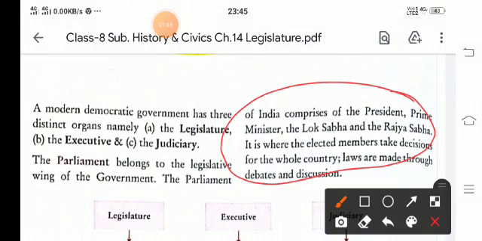It comprises the President, Prime Minister, the Lok Sabha and the Rajya Sabha. It is where the elected members take decisions for the whole of the country and change or make new laws of our constitution.